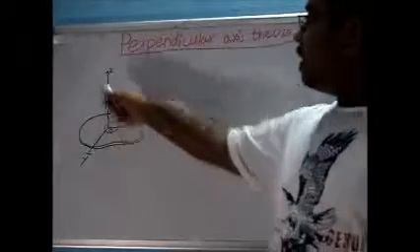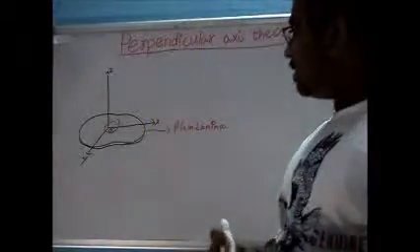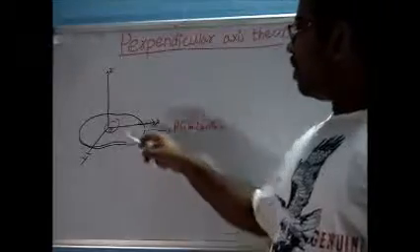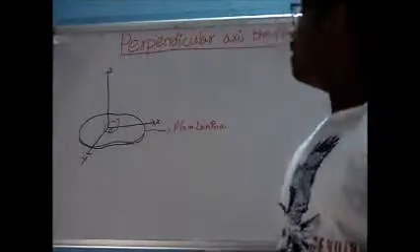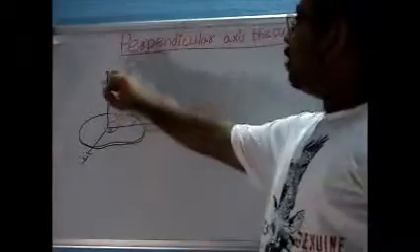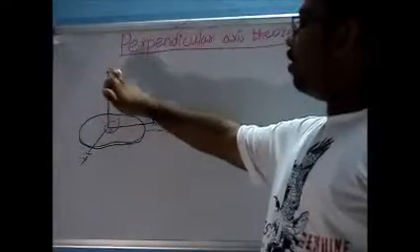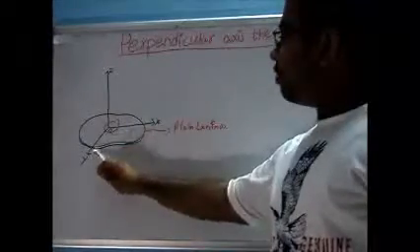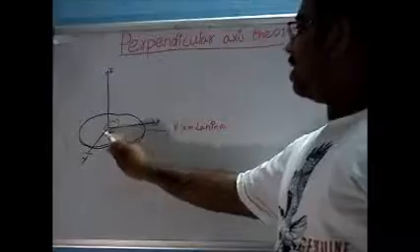The axis perpendicular to the plane lamina intersects the perpendicular axes on the plane lamina at the same point, and the moment of inertia of the plane along this perpendicular axis is equal to the sum of the moments of inertia along this axis and this axis.